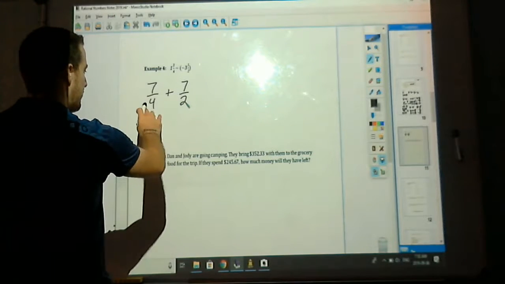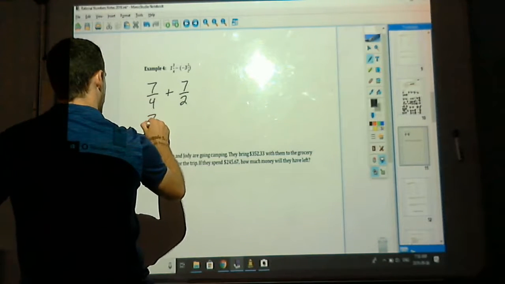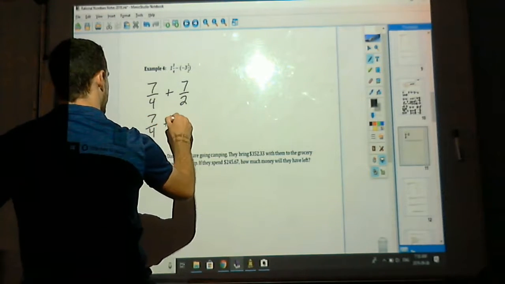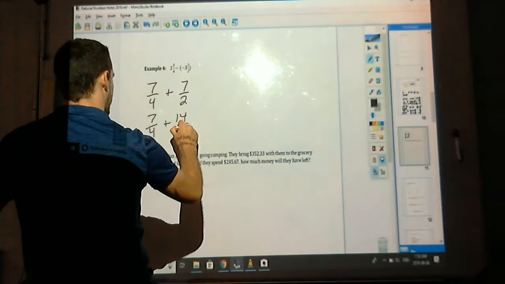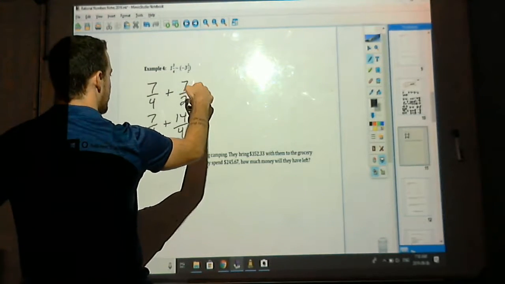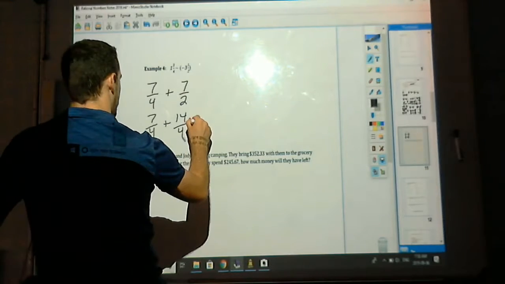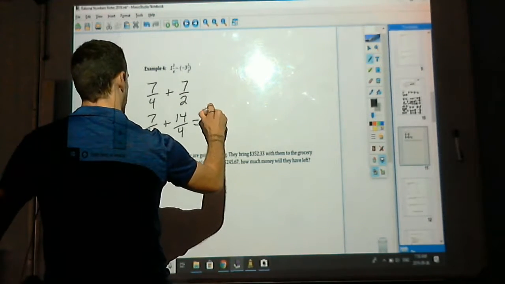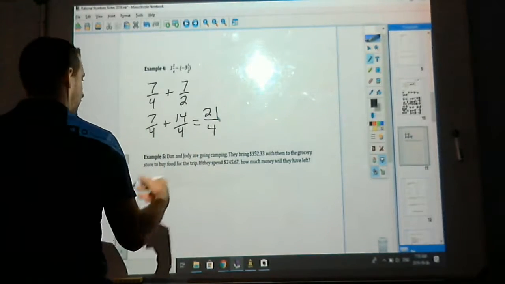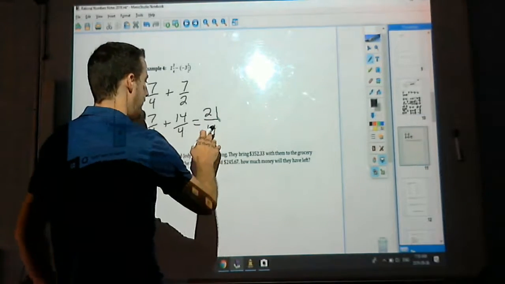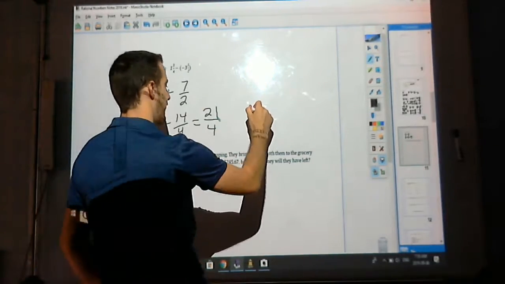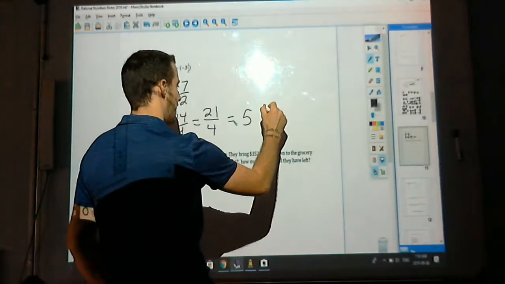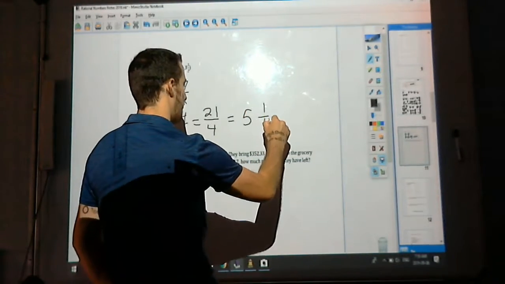Okay, but again we need a common denominator, so we go 7/4 plus 14/4, because again we just did times 2/2. Okay, and now we can add everything, and so 21/4. Okay, this again can be simplified. 4 goes into 21 5 times, and we end up with 1/4 remaining.